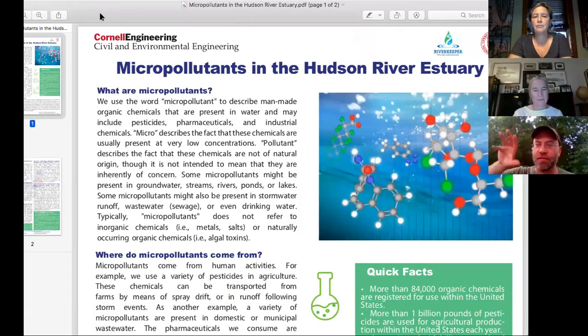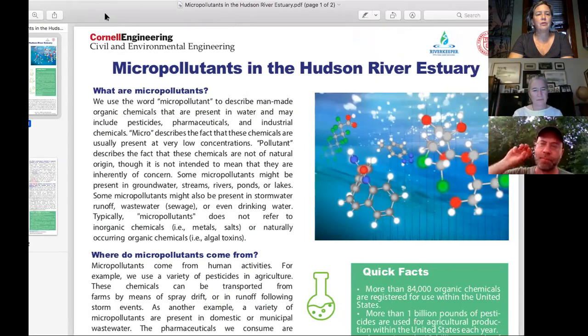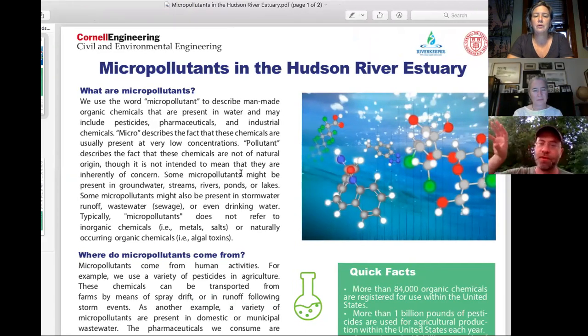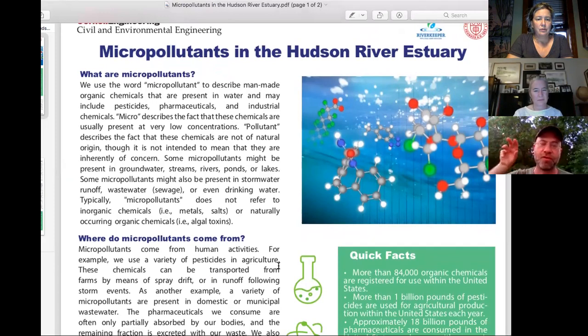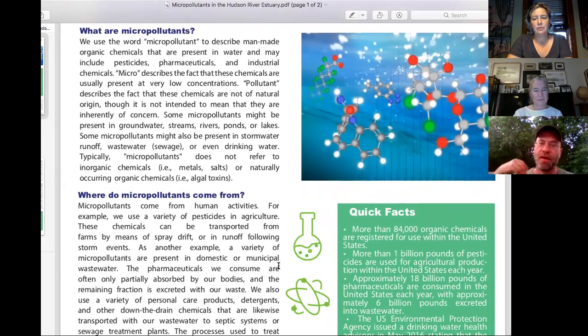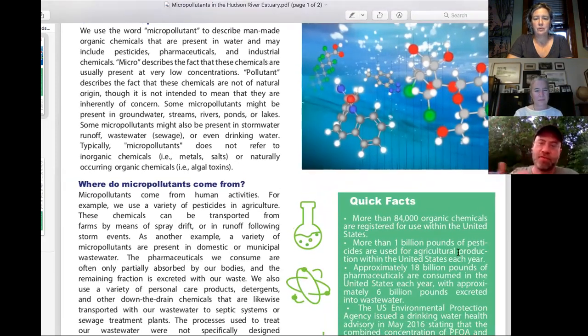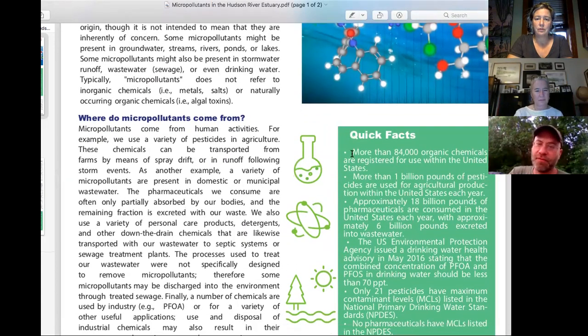So everything we're talking about today is in that universe of things that are out there because we've used them in products or in pharmaceuticals or in industry, but they're not regulated. And part of the research, particularly with the EPA, was to start to gather enough information to understand where there could be or should be some regulations.